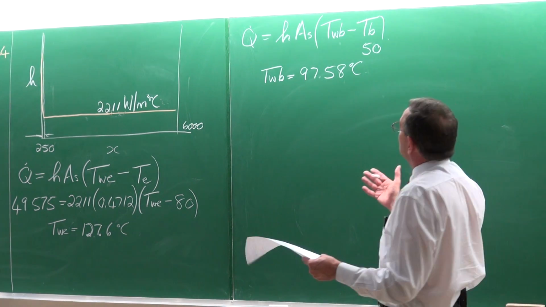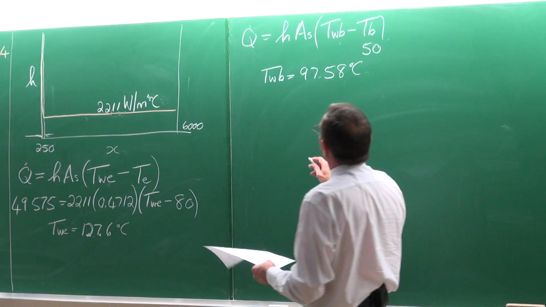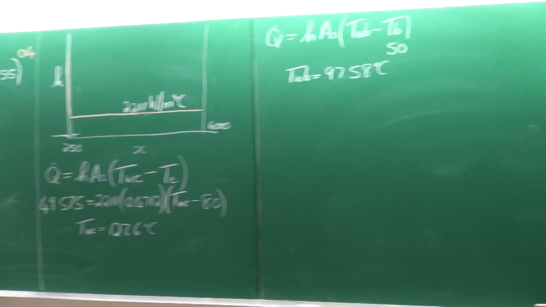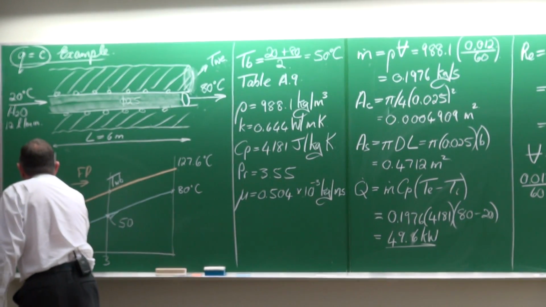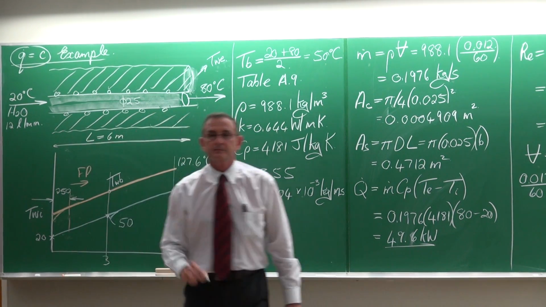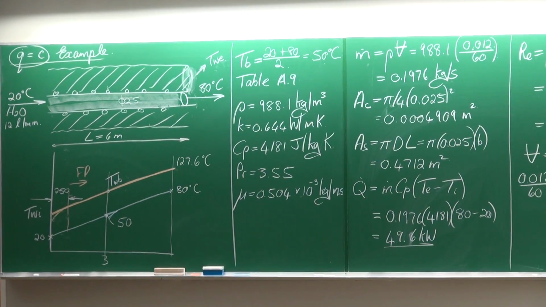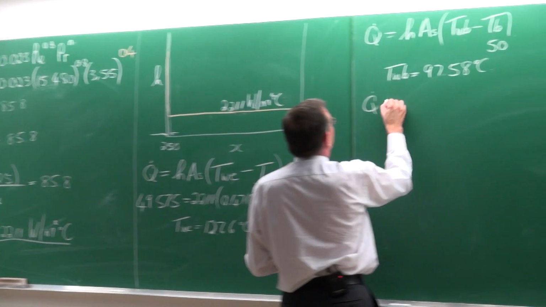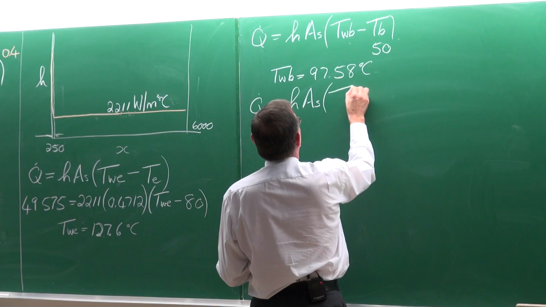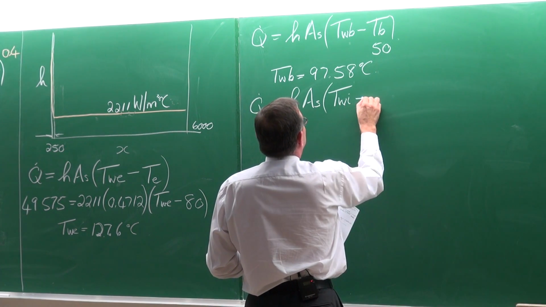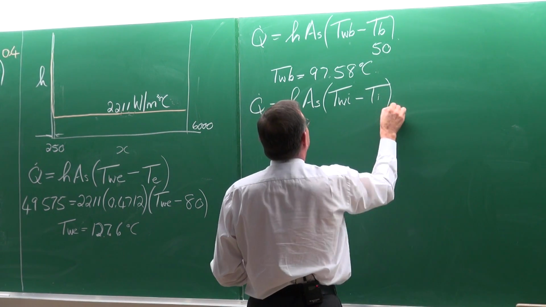And if we are also interested in the inlet temperature of the wall, so that temperature there, the temperature of the wall at the inlet, we can also say the heat transfer rate is equal to the heat transfer coefficient multiplied by the surface area, the wall temperature at the inlet minus the inlet temperature.